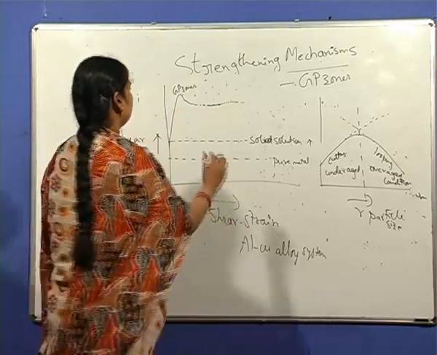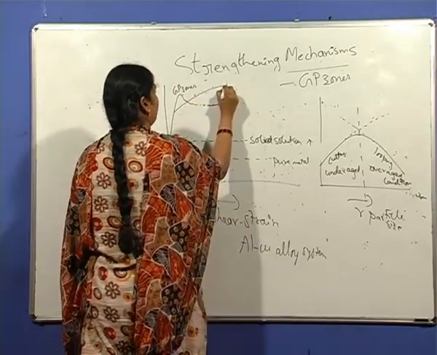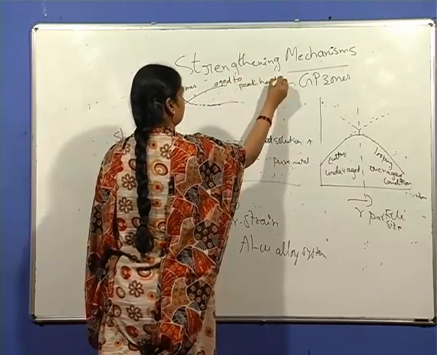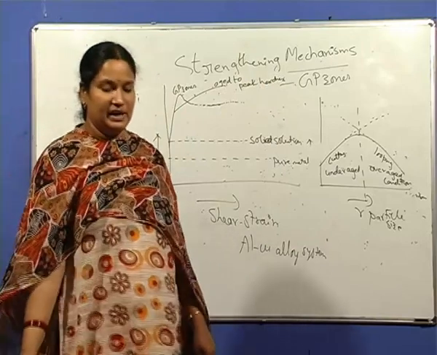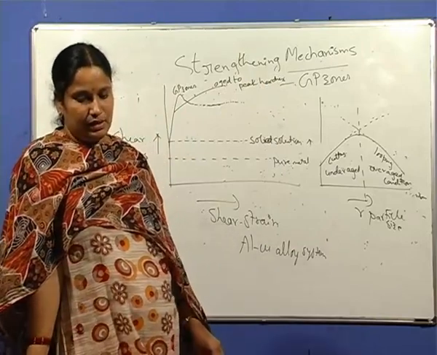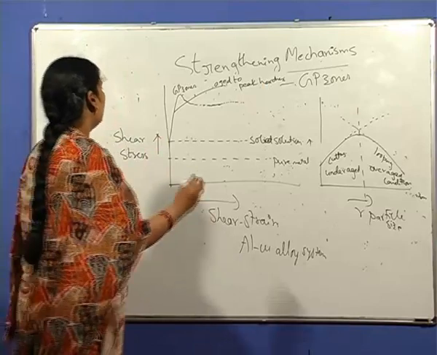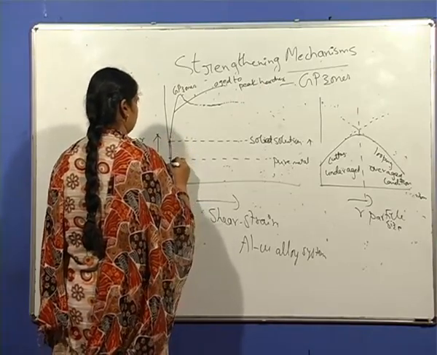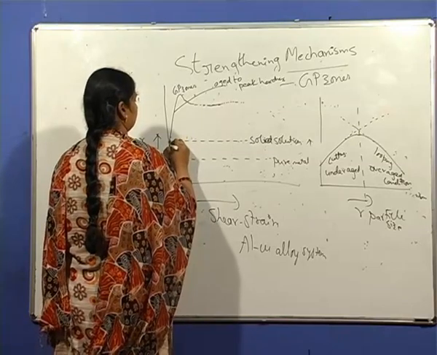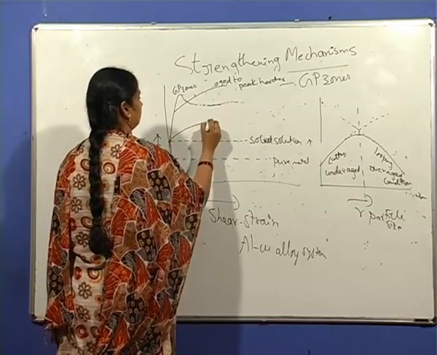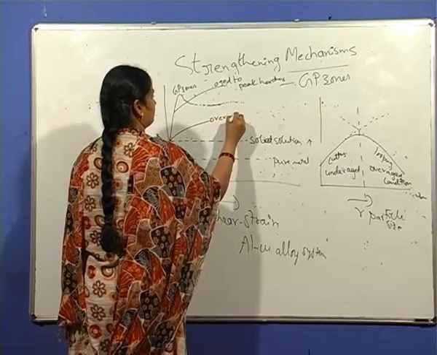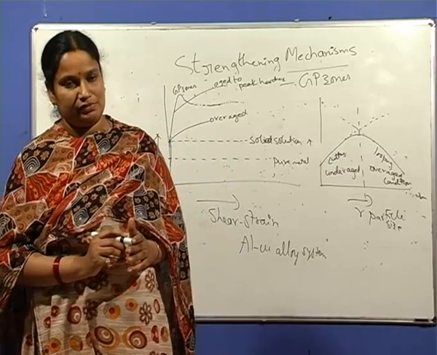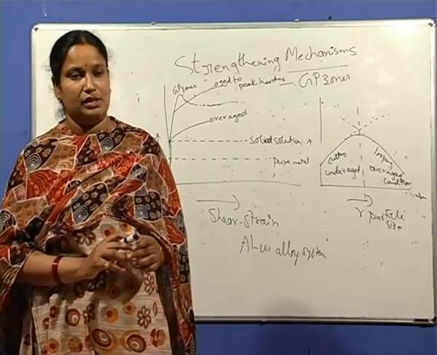Then when it is aged to peak hardness, and then overaged. These are the various stages observed in the aluminum copper system, with their stress strain curves.